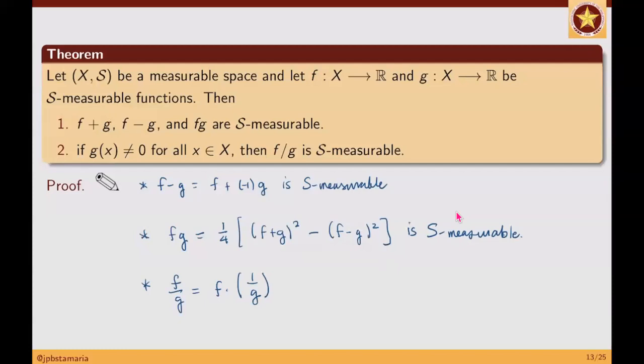Bakit measurable yung 1 over G? Kasi yung function, the function phi of t equals 1 over t. No? We know from calculus that this is continuous everywhere except at 0. So it's continuous anywhere as long as t is not 0.